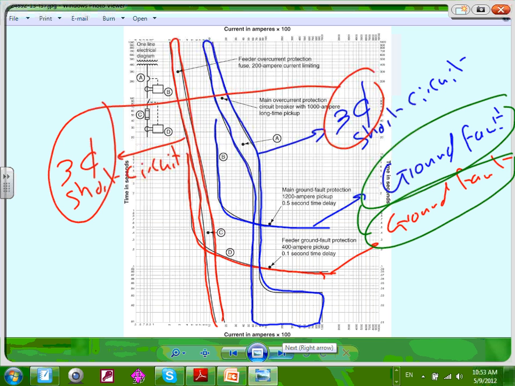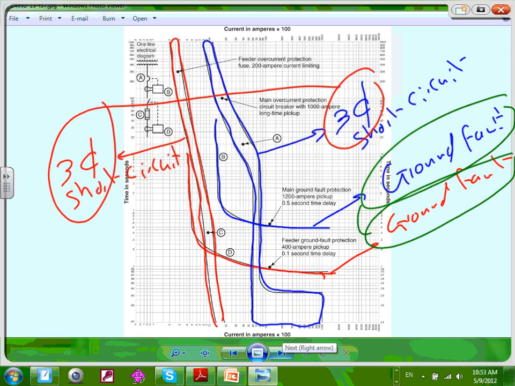Why is there a difference between the ground fault lines and the short circuit lines? Because the ground fault looks at line to ground, a very small amount of current, versus the three-phase looking at line to line, phase to phase, or phase to phase to phase, a higher amp setting.